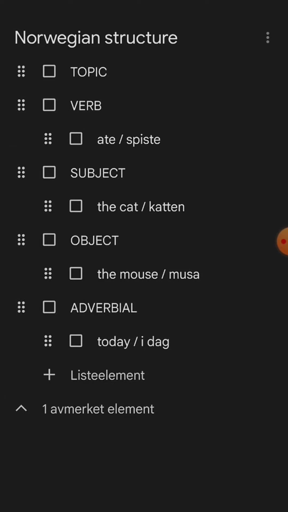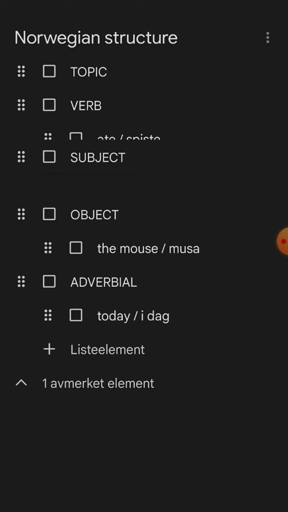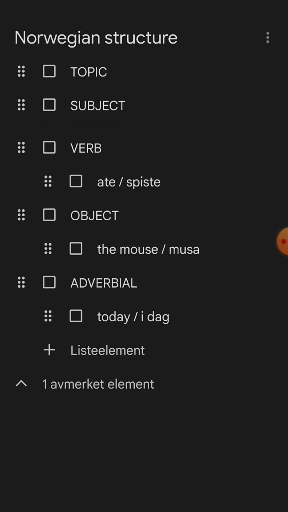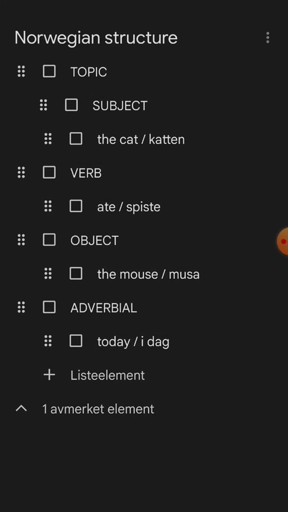What that means is that "ate the cat the mouse today" is the default order in Norwegian. Spiste katten musa i dag. But when it's not a question, we have to use the topic for something other than the verb, which means that the subject is usually promoted to the topic. So it does end up looking like subject, verb, object, but that's because the subject is in the topic slot.